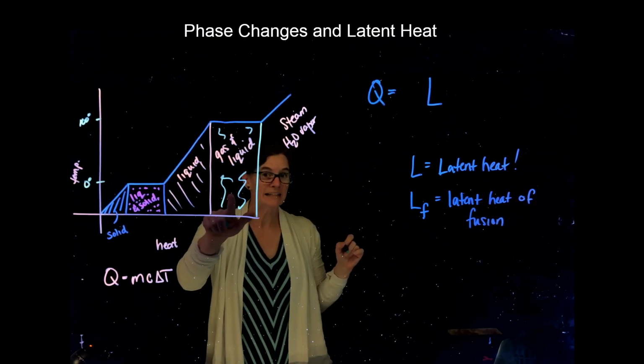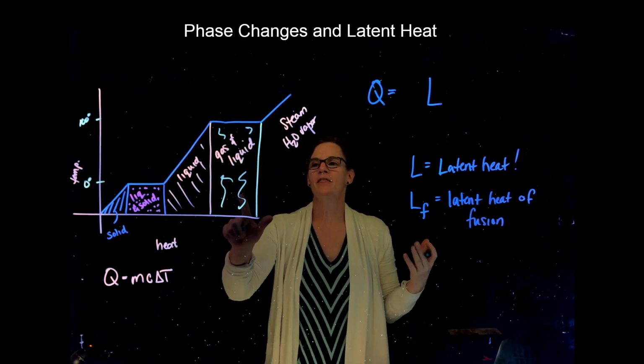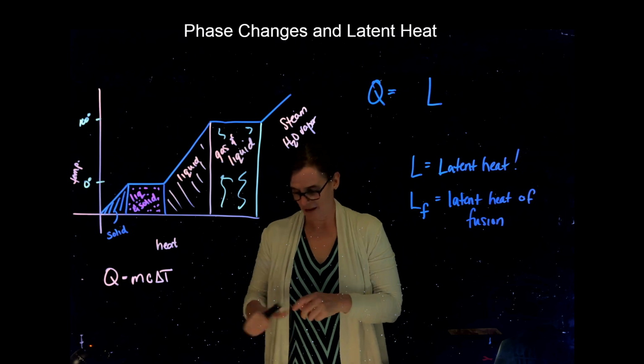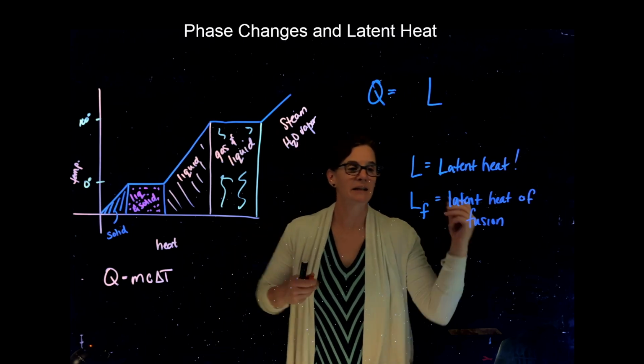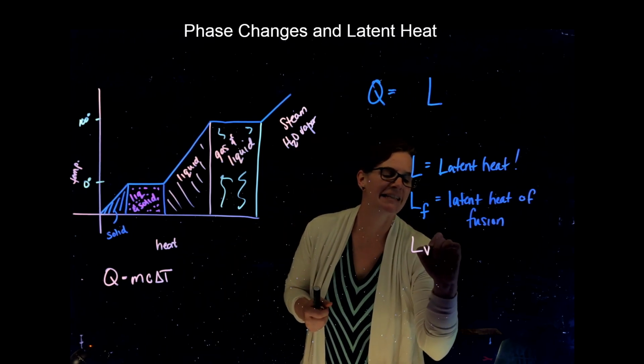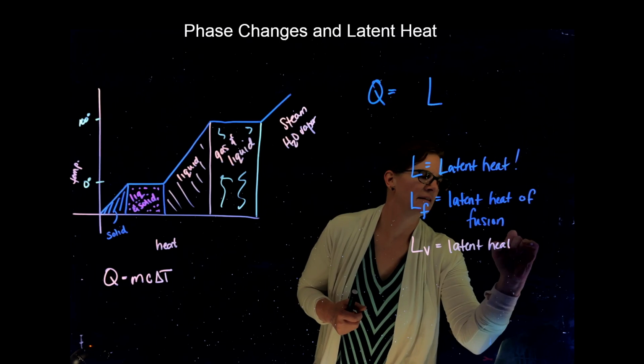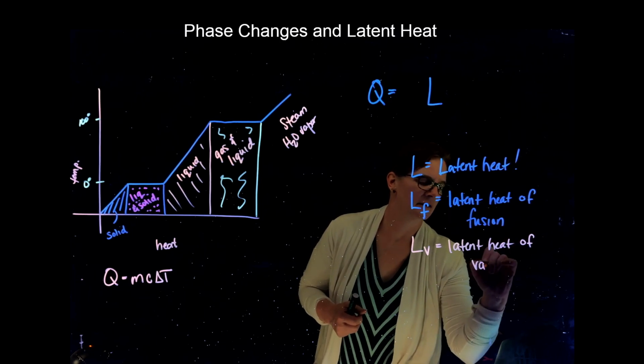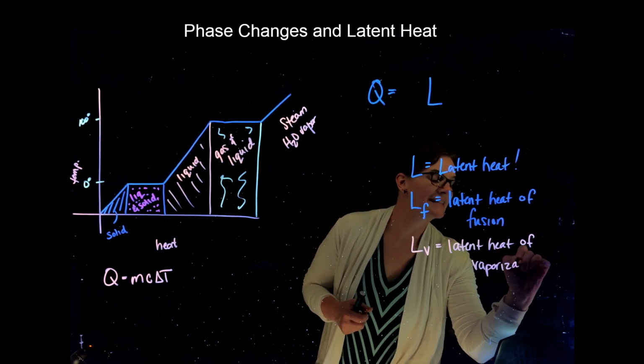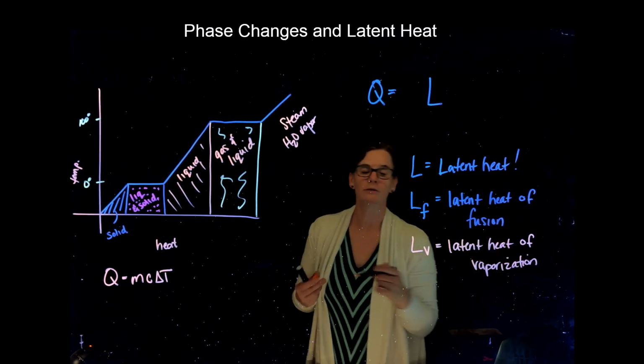And there's a different number for when we are going from a gas to a liquid, and that is the latent heat of vaporization. Okay, and these are essentially similar.